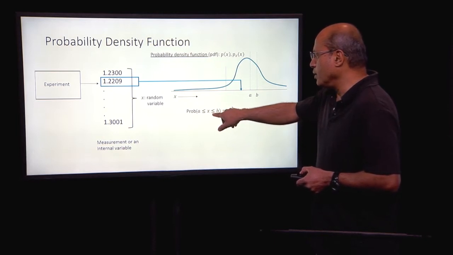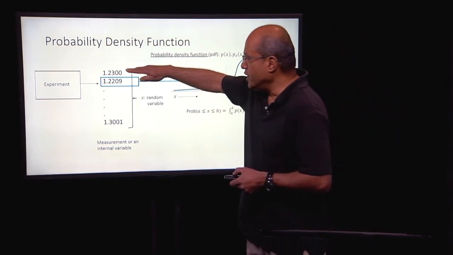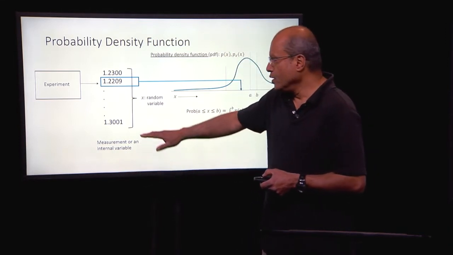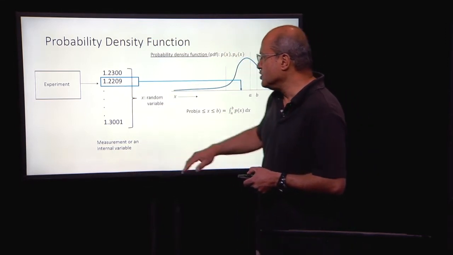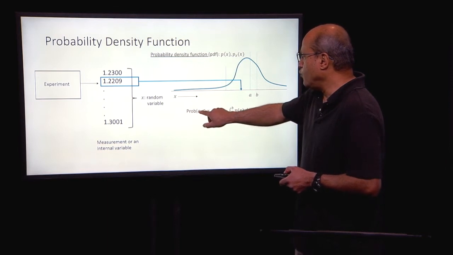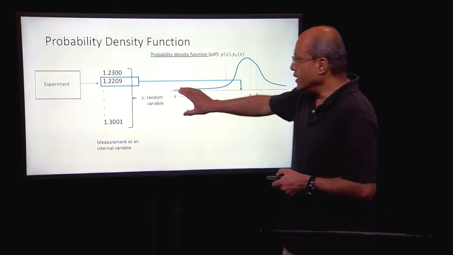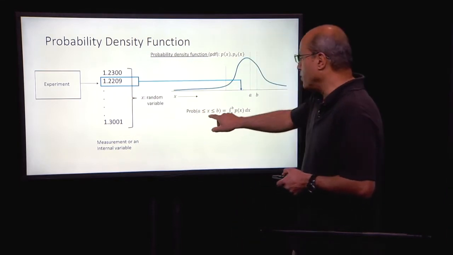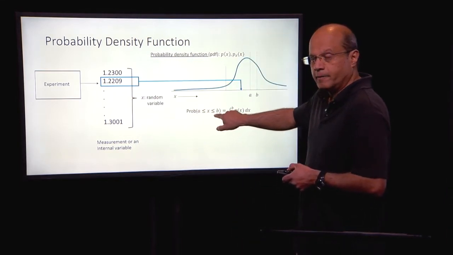And one way to think about this probability is simply to imagine that you repeat the experiment a large number of times. You simply count the instances where x falls within that interval. Then the fraction of times that that happens in that entire list is the probability that x is in that interval.